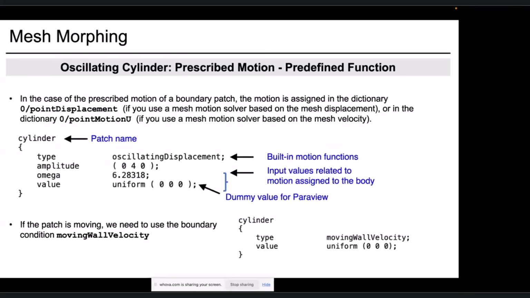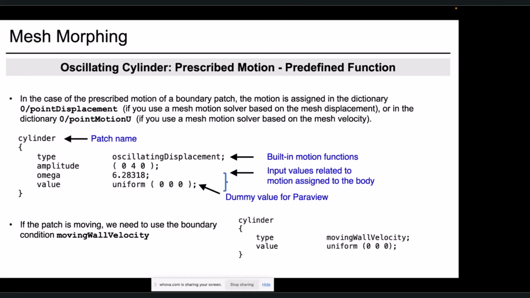Now, in this case, which I forgot to mention, in the 0 folder, you have this pointDisplacement file where you have to define this motion details, and if it is velocity based motion, you will have a pointMotionU file.